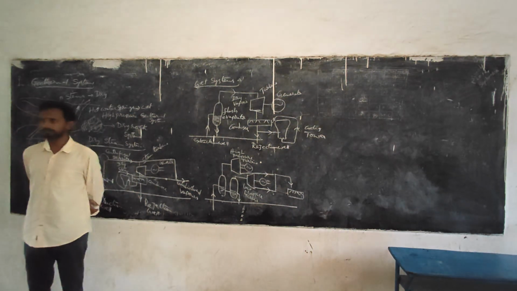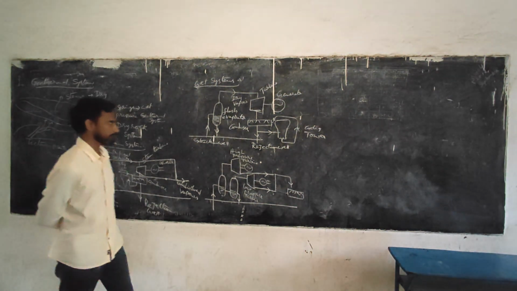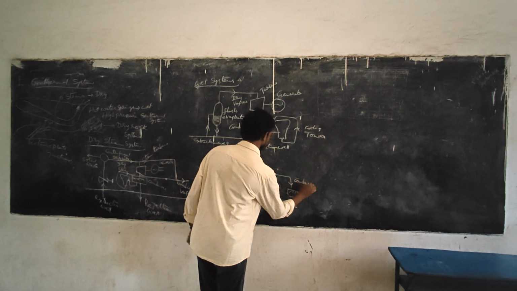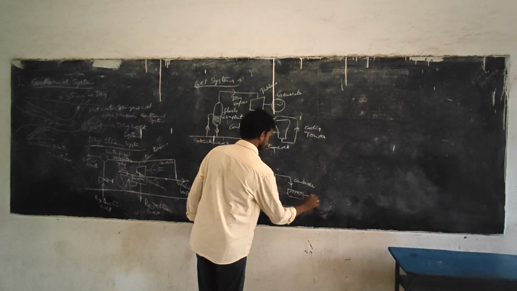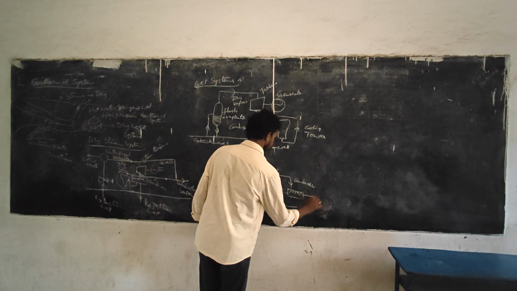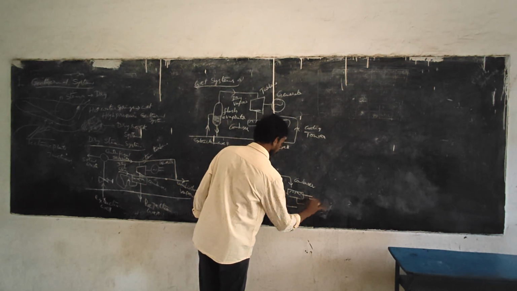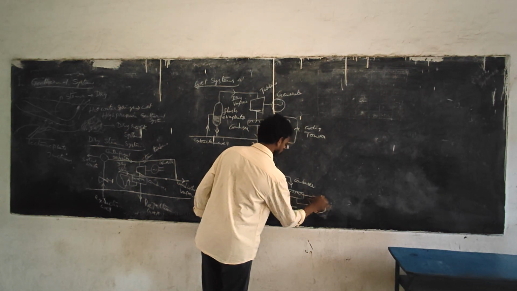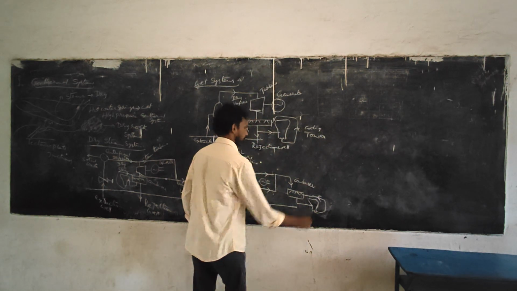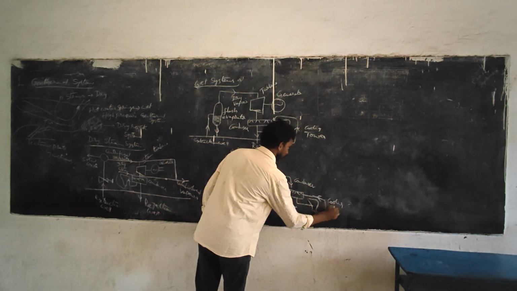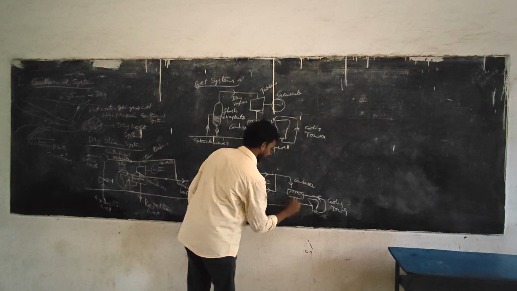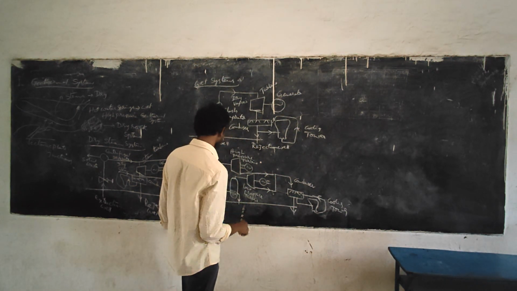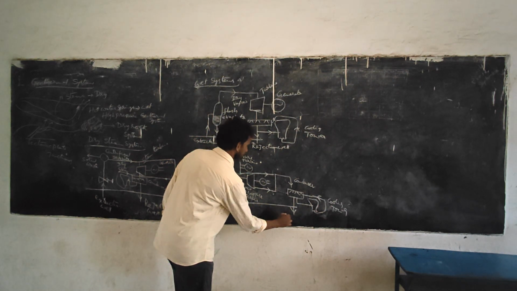The output of both the turbines is sent back to the cooling tower or condenser. And finally, the remainings of the condenser and cooling tower will be sent back to earth. This is rejection.